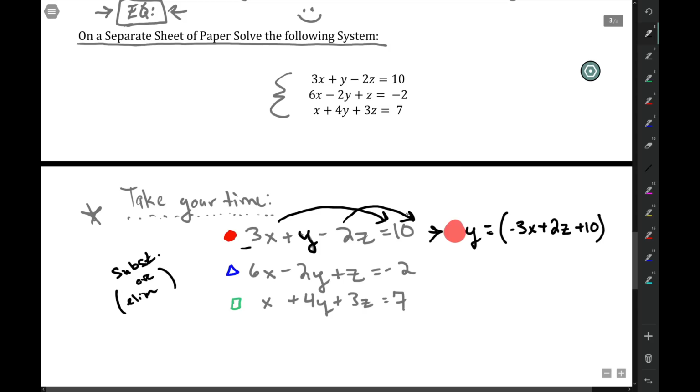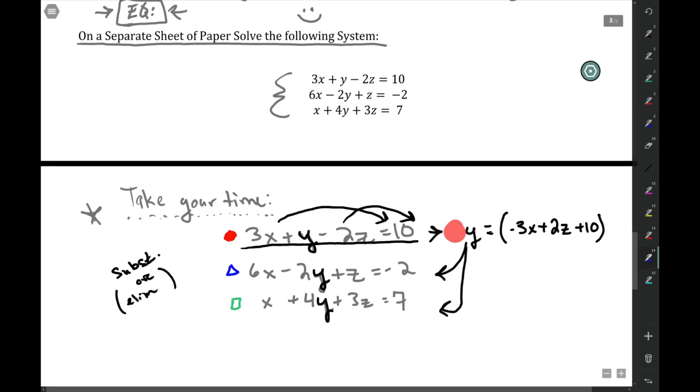Okay, I took the first equation solving for y. Alright, now y in the other two equations is just going to be the negative 3x plus 2z plus 10.